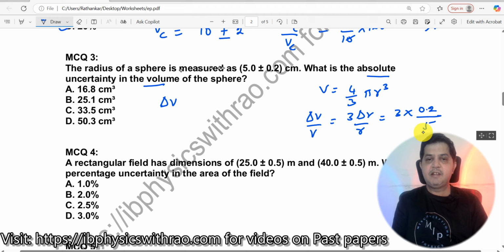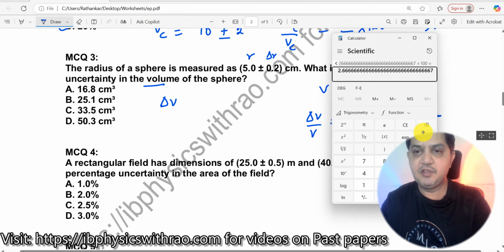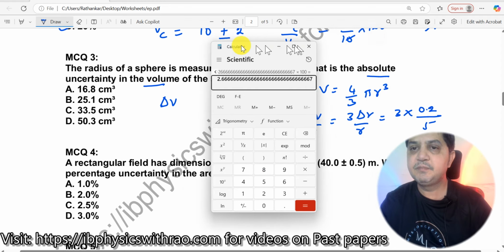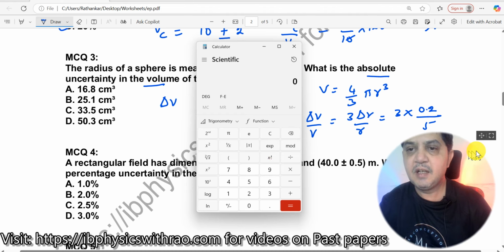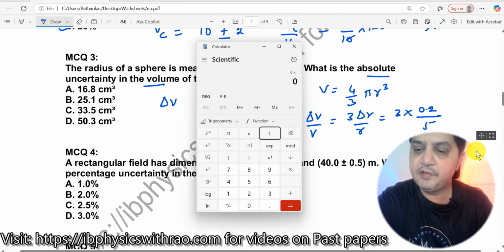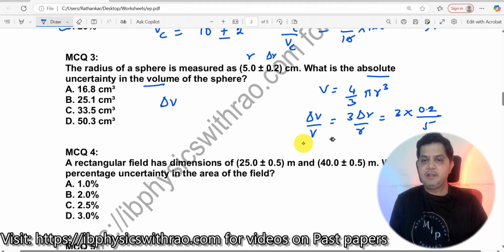So just identify this: this is your R and this is your delta R. Let me take up my calculator once again. I write 3 into 0.2 divided by 5, which is equal to 0.12. So I have got 0.12 here, but this is not the end of it.